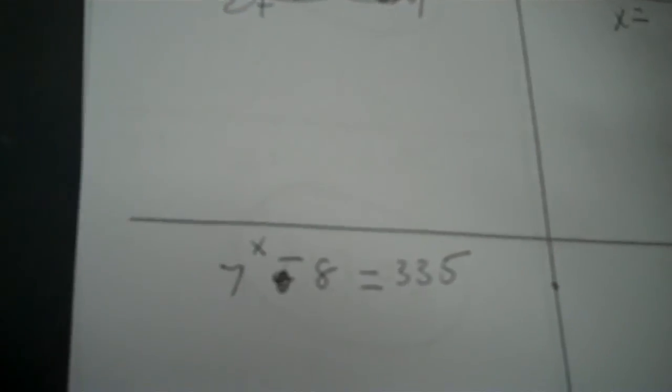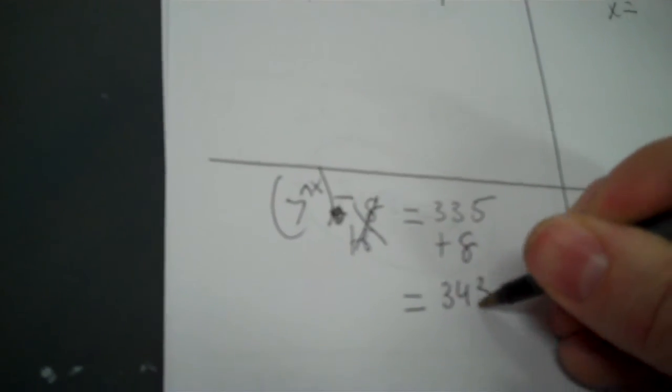Okay, next one. Got to undo the minus 4 first, so plus. I just did this problem, I wrote the same one twice on accident. Okay, remember it's 7 to the x power, so like you would with 7x, you got to add 8. And that's 343.